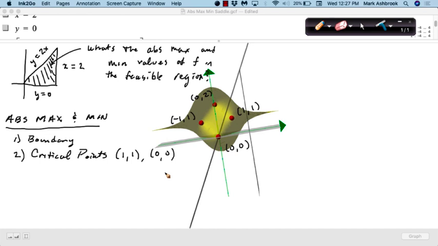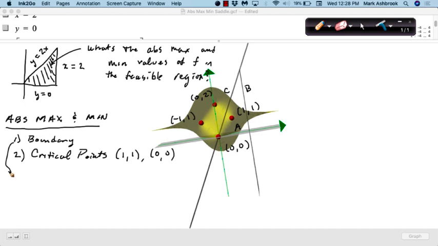Okay, so then what's left is the boundary. So the boundary means I have to check all the points along these three edges. How am I going to do that? Well, I do it one edge at a time. So we've got, say, edge A, edge B, and edge C. So I'm going to check edge A, and how am I going to check for absolute max or absolute min on edge A?